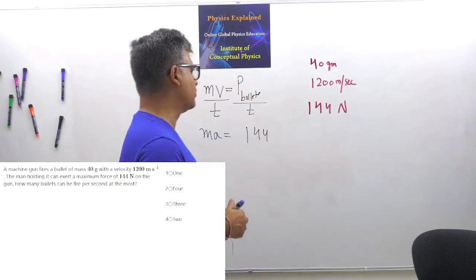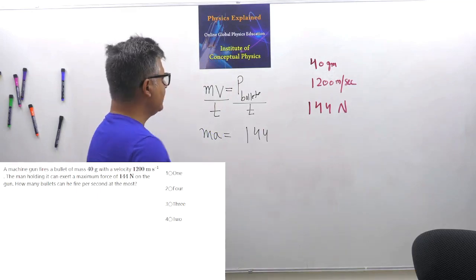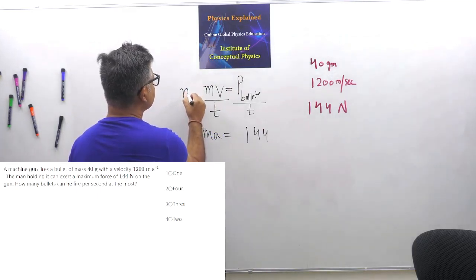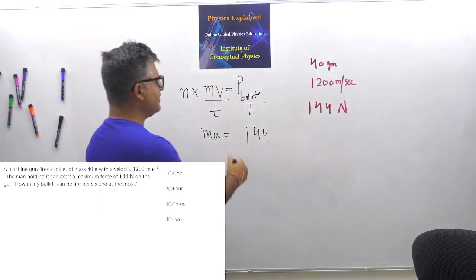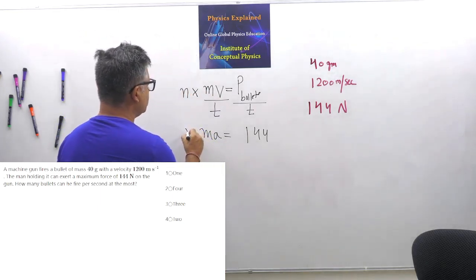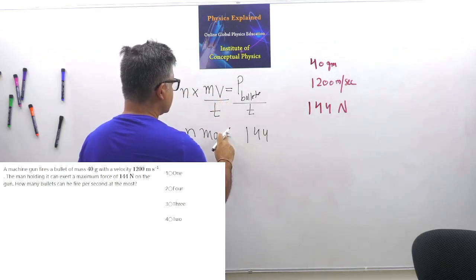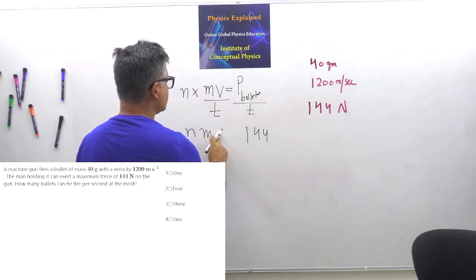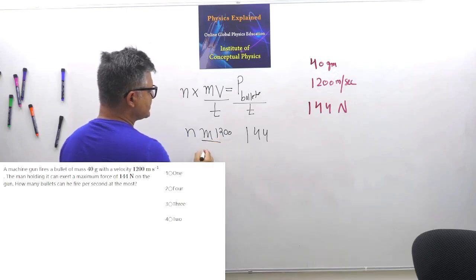So let's say the number of bullets you can fire is n, and therefore the total momentum which is associated is n into mv. So n into m into v. What is your v? Your v is 1200, and this is mass per second, remember.